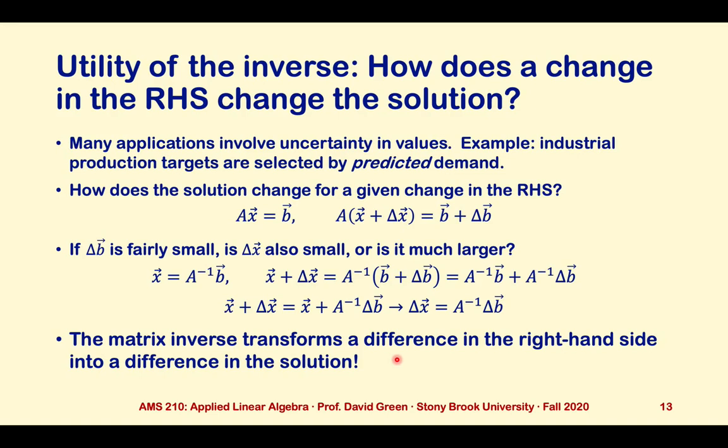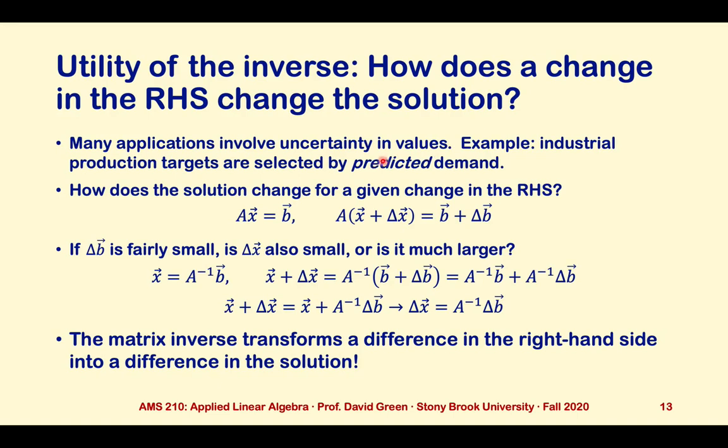A company will decide the production schedules for a number of facilities based on what they expect the demand to be in the upcoming quarter. You're producing things for future sales, not for the past. Because these demands are predicted, there will always be some uncertainty there.